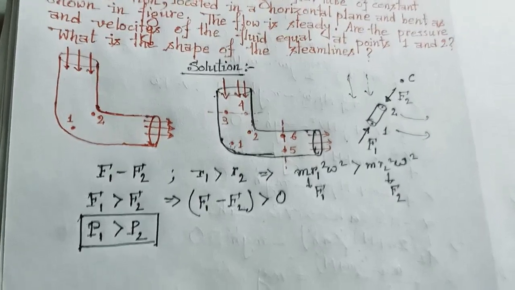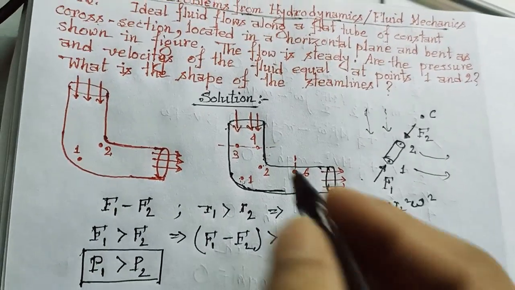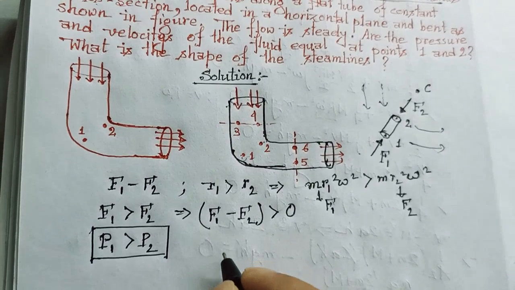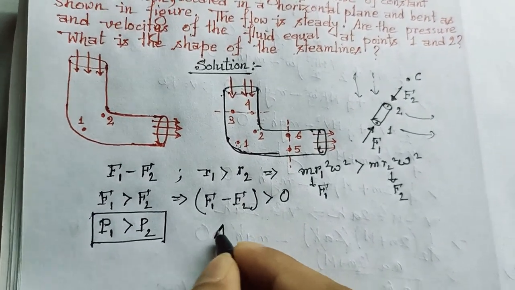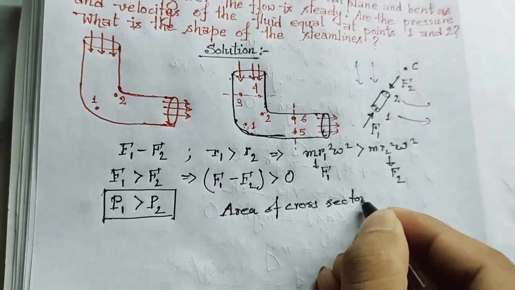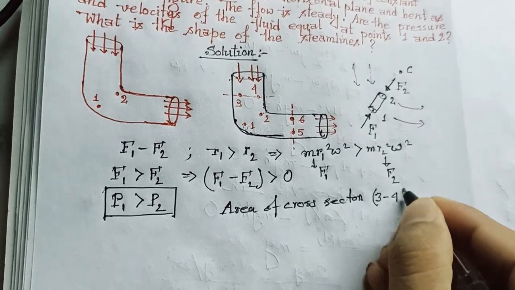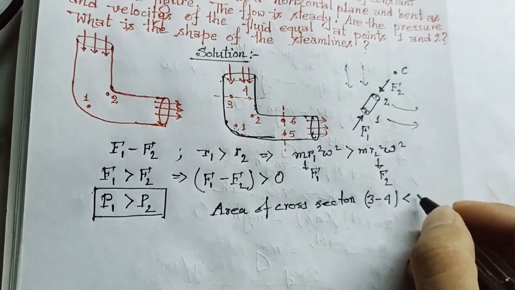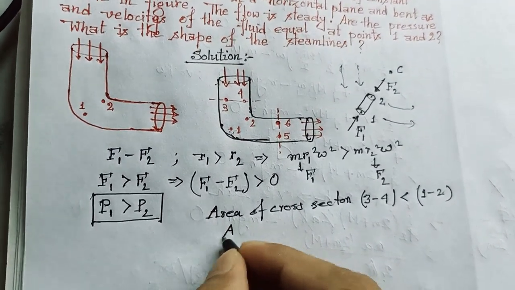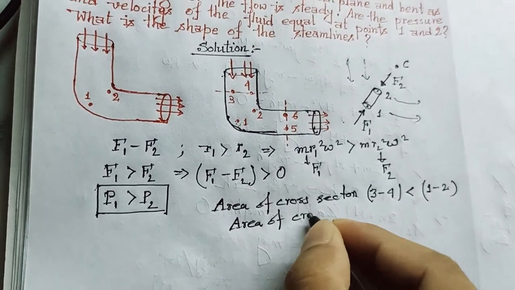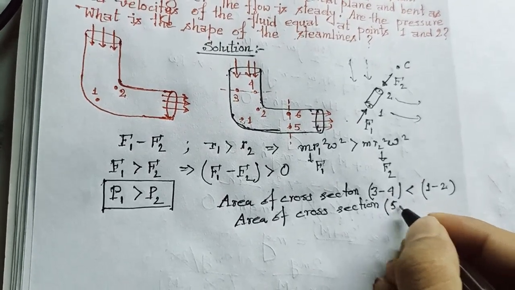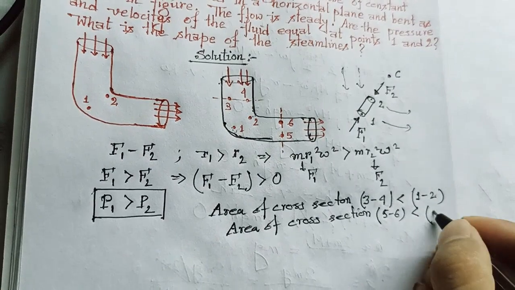Now we will compare the velocity at points 1 and 2. From this figure, we see that the area of cross section of section 3/4 is less than the area of cross section 1/2, and again the area of cross section 5/6 is again less than the area of cross section 1/2.